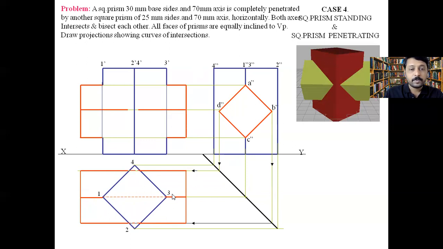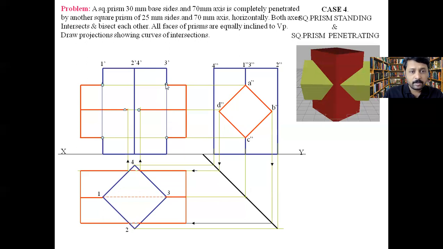Now we have to get the points of intersection. This is the first point which goes here. This is the second point which goes here. Now this is the point where A and C are going to intersect.